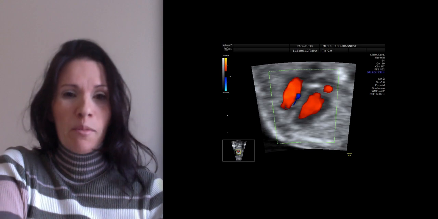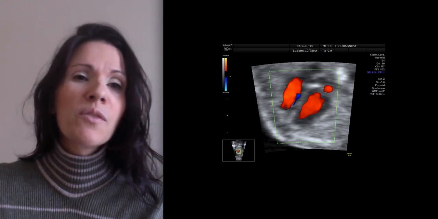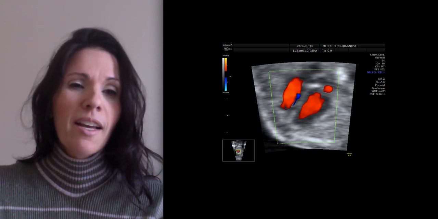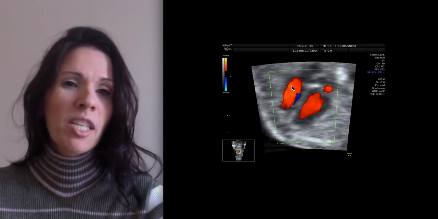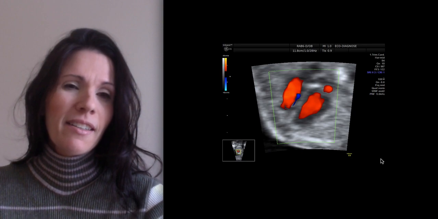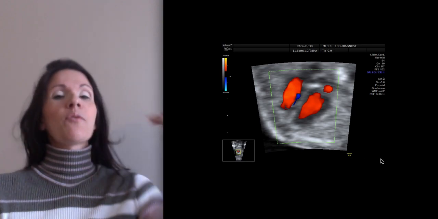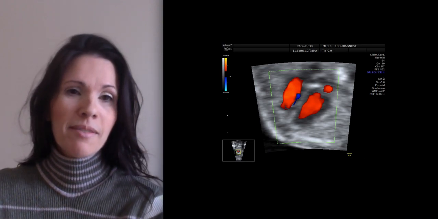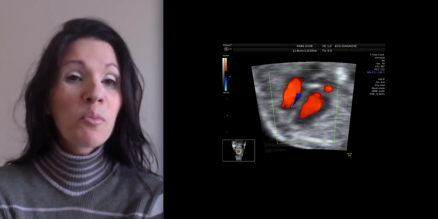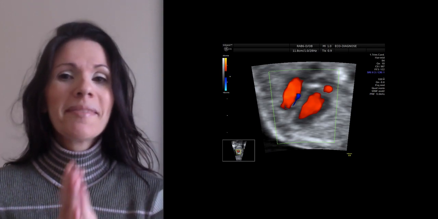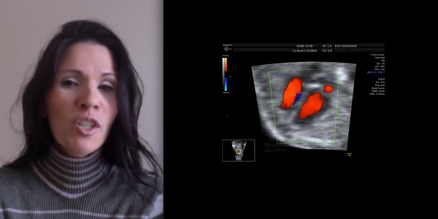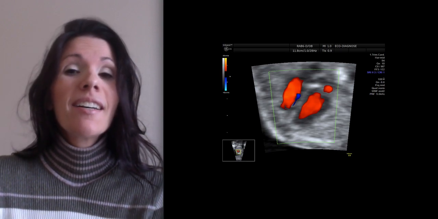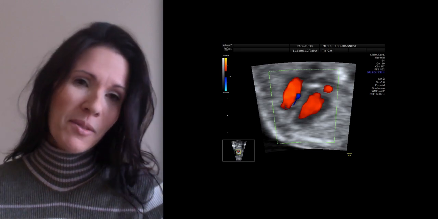So I got this image. This image is from 20 weeks. And I saw the left side bigger than the right side. And I thought, okay, if I have a persistent left superior vena cava, I cannot have the right side bigger than the left side. So I excluded that diagnosis, persistent left superior vena cava drainage to the coronary sinus, roofed coronary sinus.